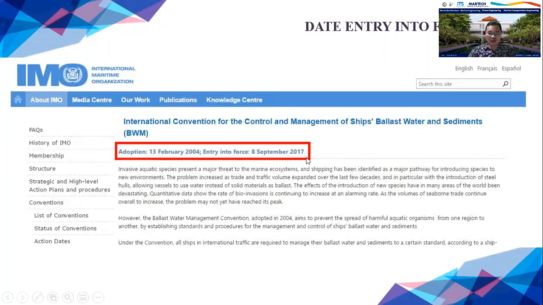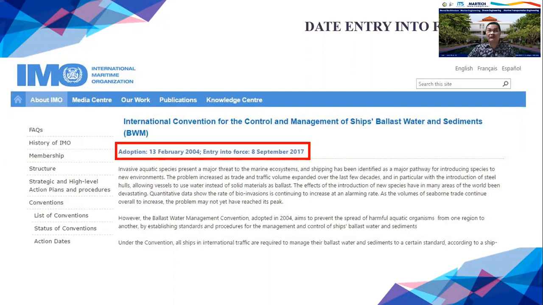So if you see this one, the International Convention for the Control and Management of Ships' Ballast Water and Sediments, BWM, was adopted on February 13, 2004, then entered into force on September 8, 2017. So it's around 5 years ago, right?